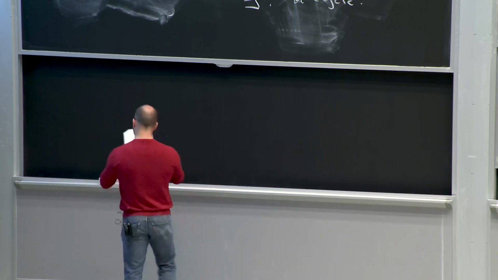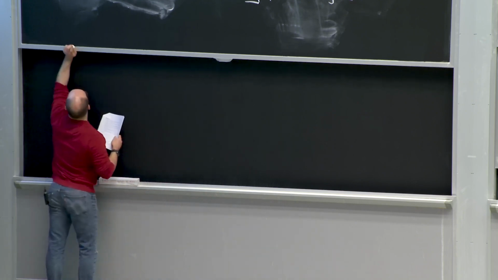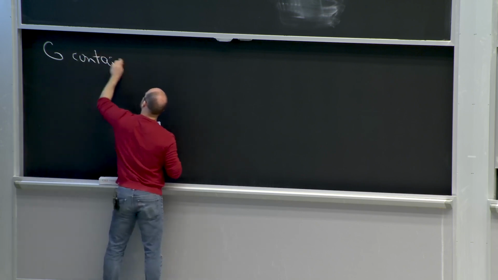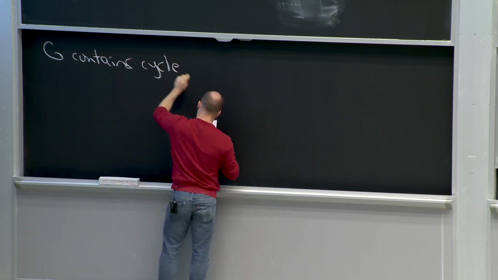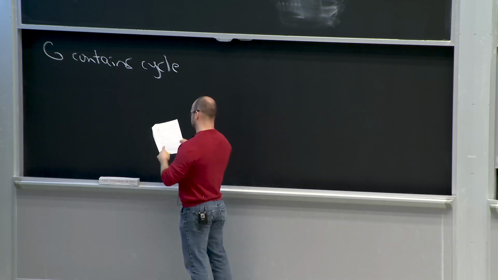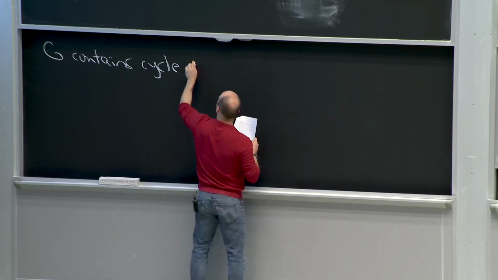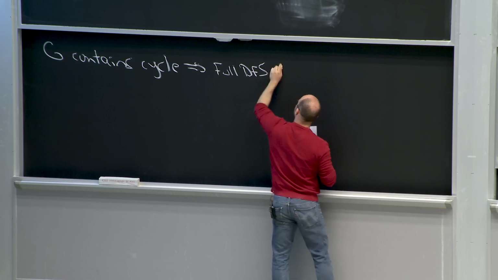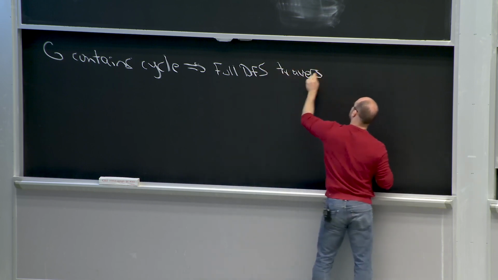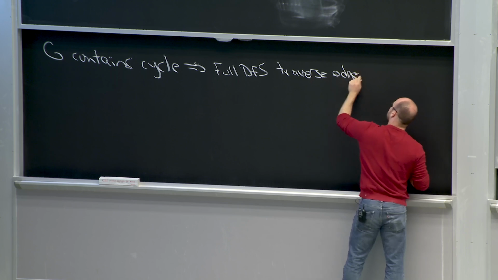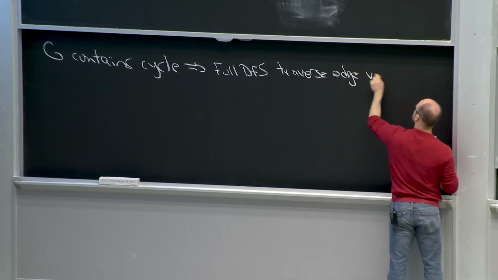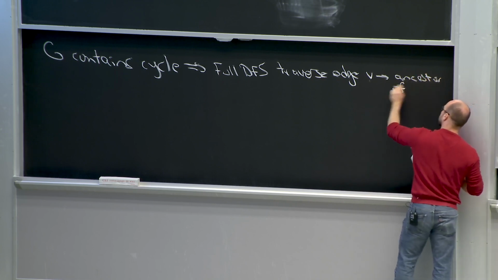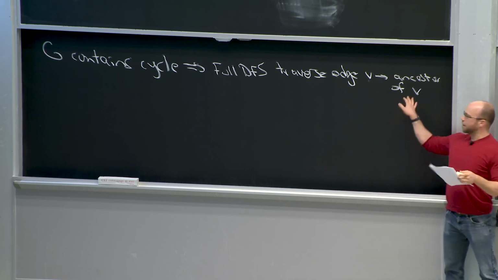And here's the property that we're going to use to do that: if G contains a cycle, then full DFS will traverse an edge from a vertex V to some ancestor of V. I guess we haven't carefully defined the term ancestor here.